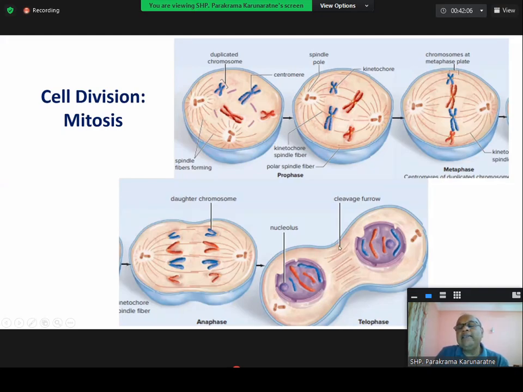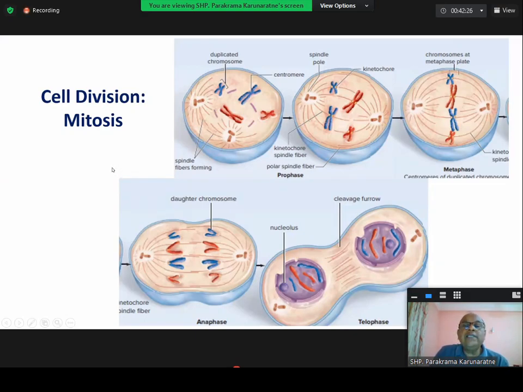Now this cell can divide. The cytoplasm is now dividing into two, right? So two cells are formed. This is how cells divide. This cell division is very simple, and this is called mitosis. You understand that, I guess, right?